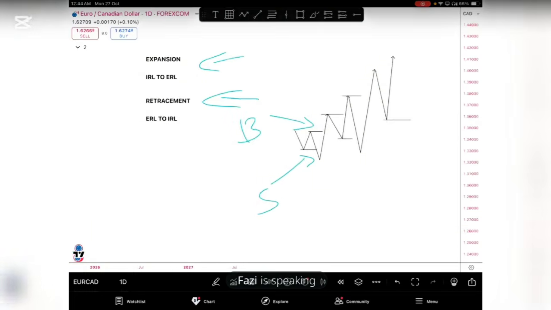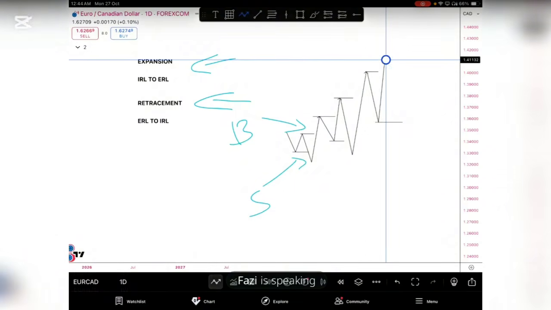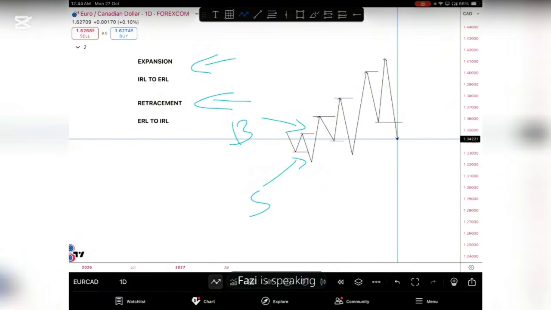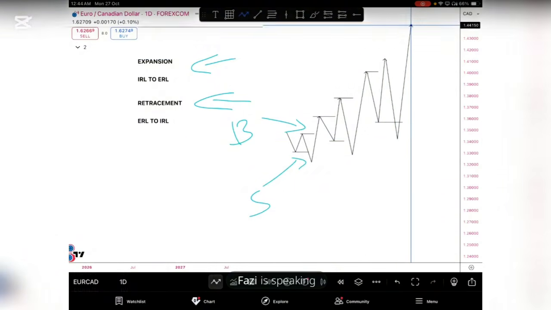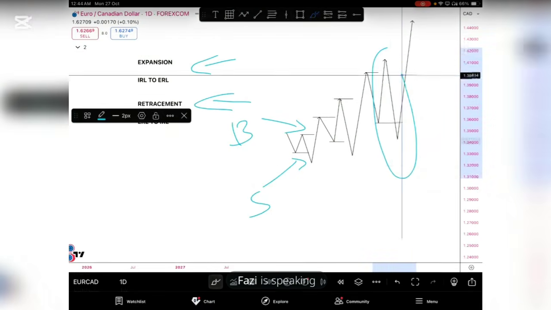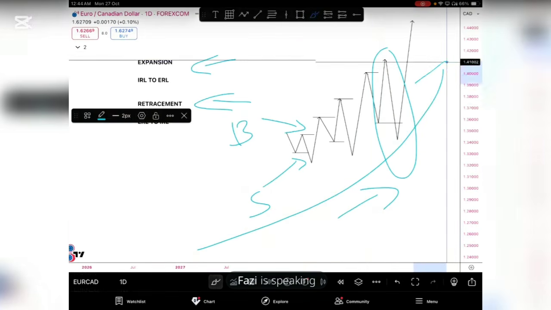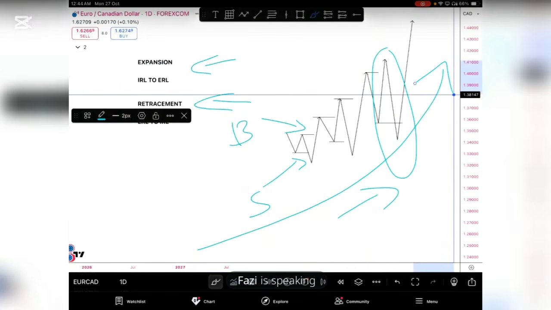So that type of move, after taking external range liquidity, the price moves to take this internal range liquidity. After taking that, it will move to another external range liquidity. This retracement move we call the retracement phase. So we know that the overall trend is bullish, but in this bullish trend, we have two types of phases.